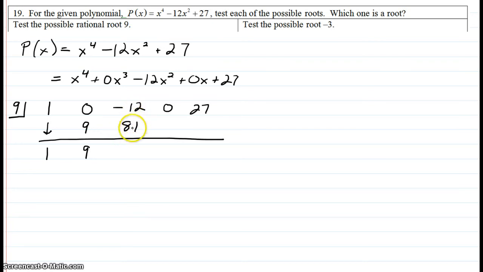So we're going to get 69. 69 times 9, some number that I don't know off the top of my head, 621. 621 times 9, a really big number, and I don't really care about it because I want a 0, and the only way that's going to be a 0 is if that were a -27. So I know that 9 is not a root.